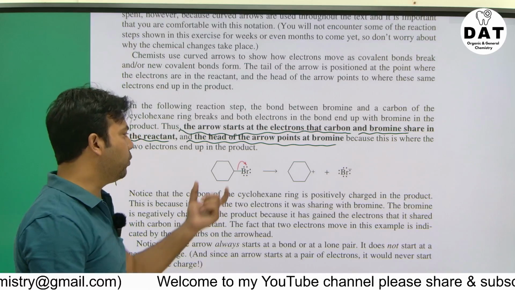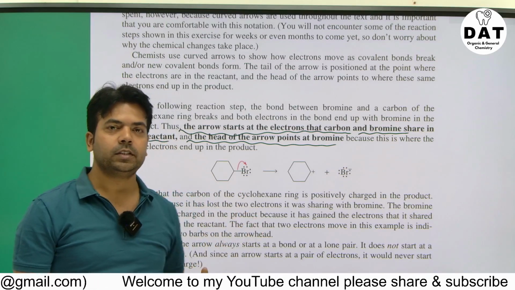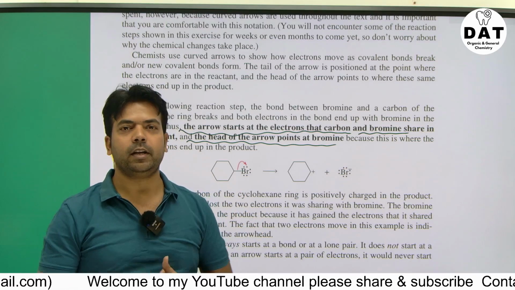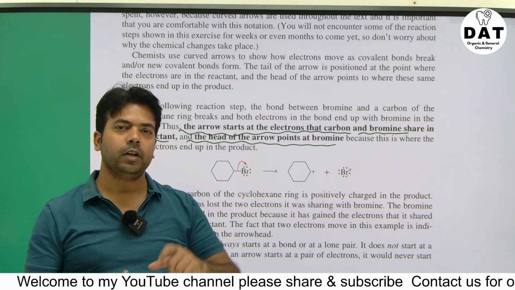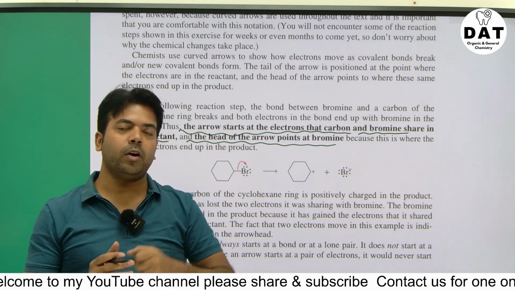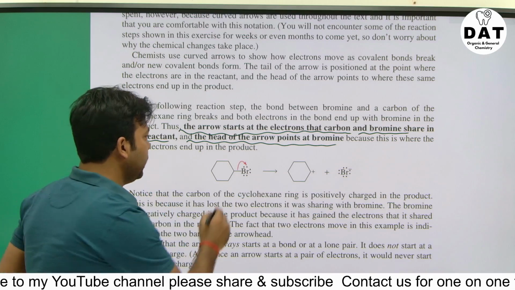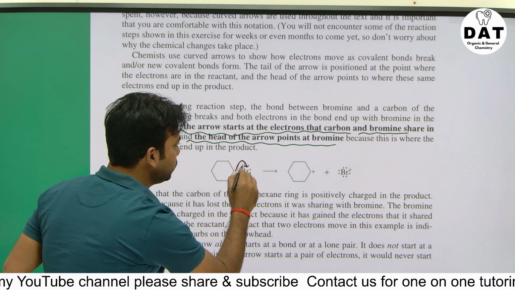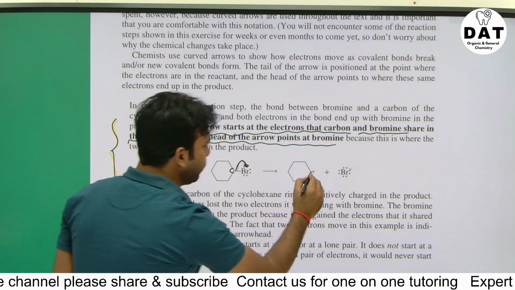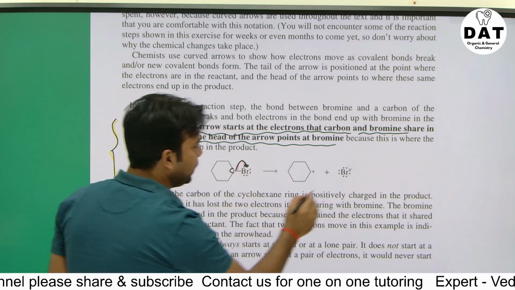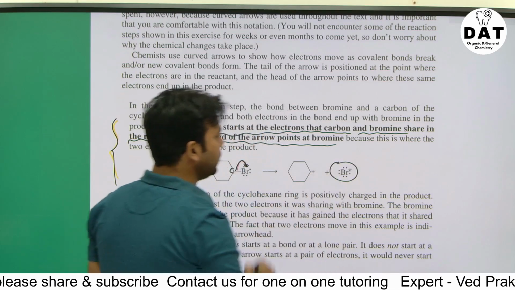Why towards bromine? Because bromine is electronegative in nature. Makes sense? If any atom is electronegative, it will pull the bonded pair of electrons, and the arrow will break like this. As a result, this carbon has a tail, so positive charge, and bromine has a head, so bromine is negatively charged.